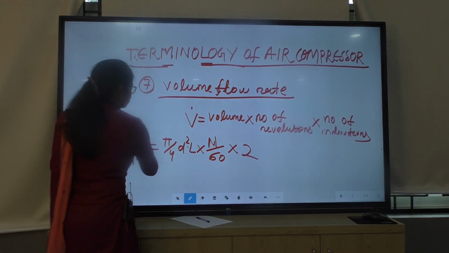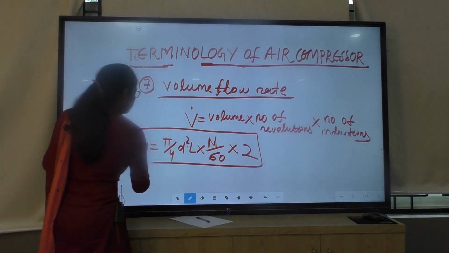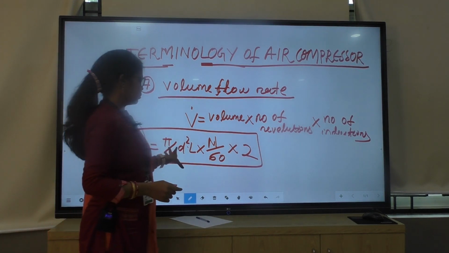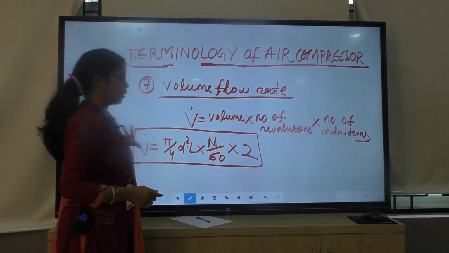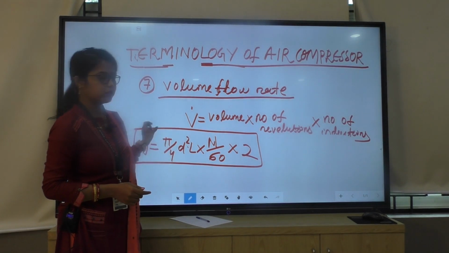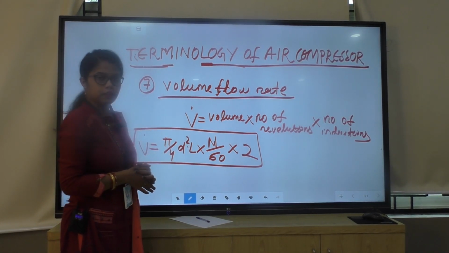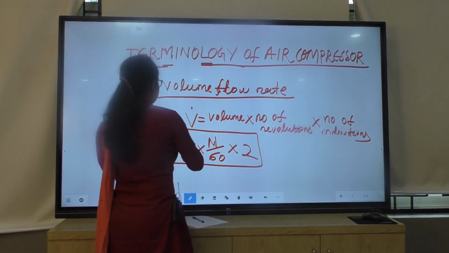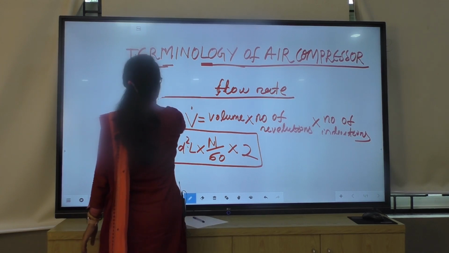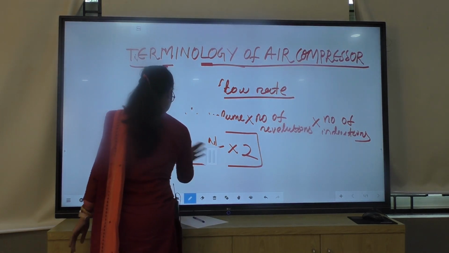That is why the 2 will be multiplied with pi by 4 d square L into n by 60 to find out the final volume flow rate for double acting air compression. Clear? The next term I am telling you about.